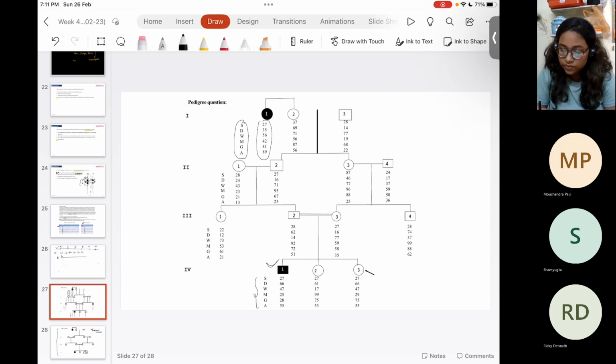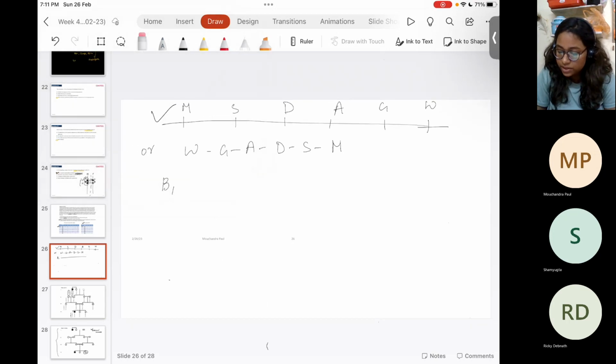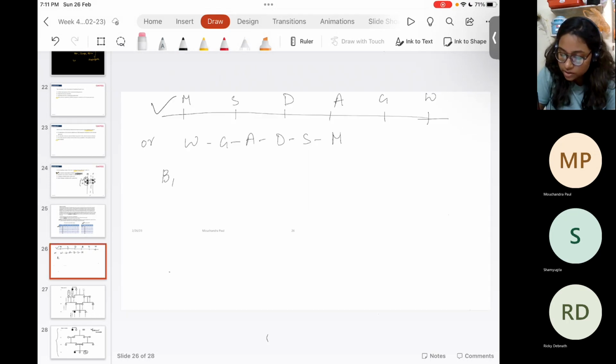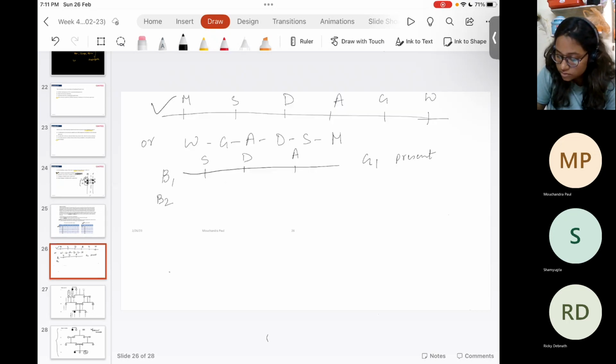And from the previous table, which was the PCR results for the microsatellite markers, we knew that in B1 there was S, D, A, and here G1 is present. Then there is B2. From the previous discussion, we know that B2 has D, A, G, and in the second table, B2 has G1.